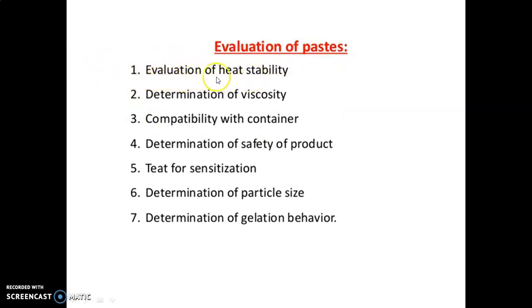First, evaluation of heat stability, then determination of viscosity, then compatibility with the container, fourth, determination of safety of product, fifth, test for sensitization, sixth, determination of particle size, and seventh, determination of gelation behavior.